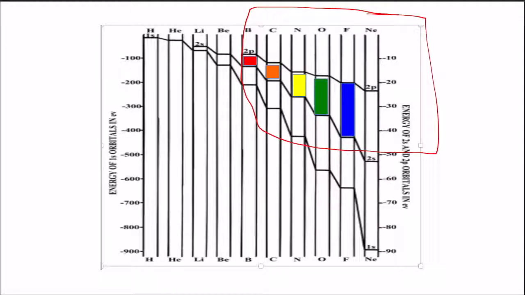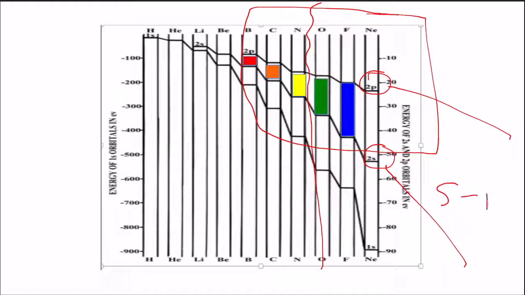Now, one of the things that we know for certain is if this is the trend, then this gap between the 2p and the 2s will continue to increase. That means that for any atom that is larger than nitrogen, this gap is going to be sufficiently large that the sp interactions will be negligible.